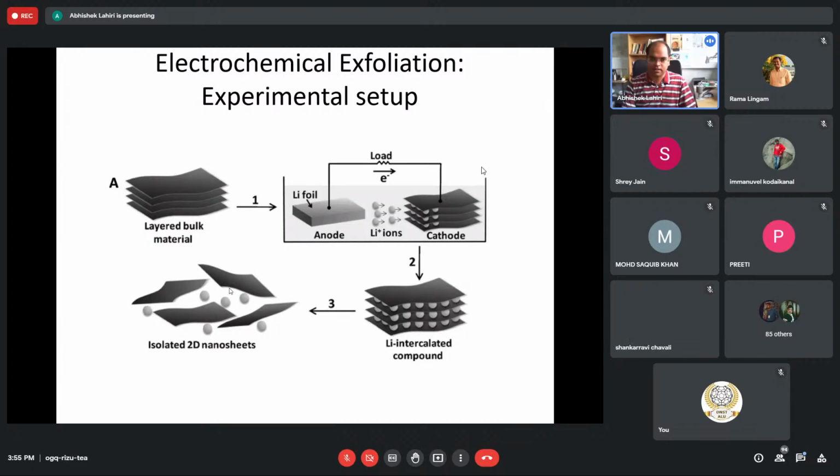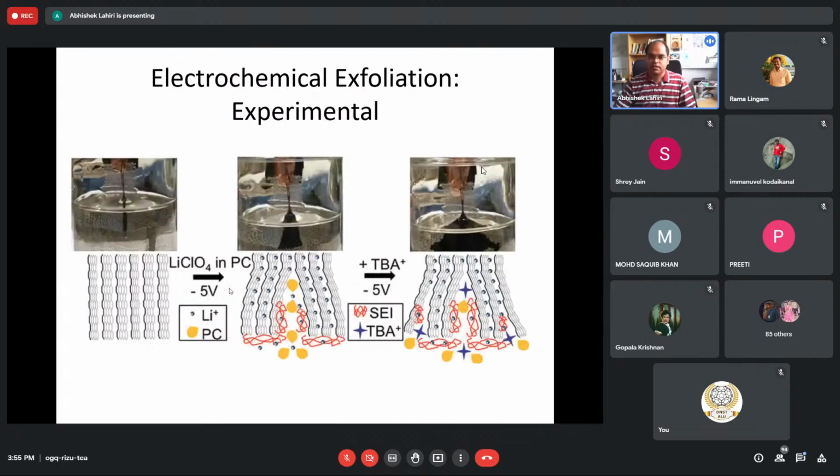For electrochemical exfoliation, here is the image of how exfoliation takes place. You have the graphite in a solution containing lithium perchlorate in polycarbonate solvent, and you apply a potential of 5 volts between the 2 electrodes. In the other case, the electrode is lithium.